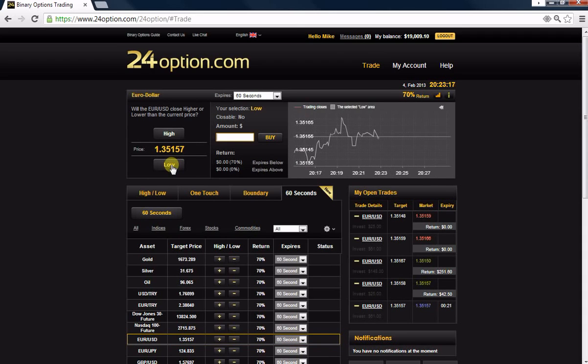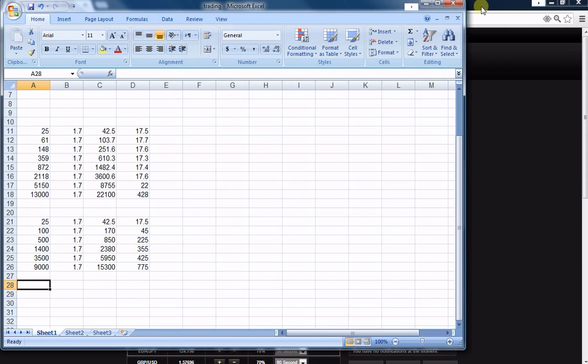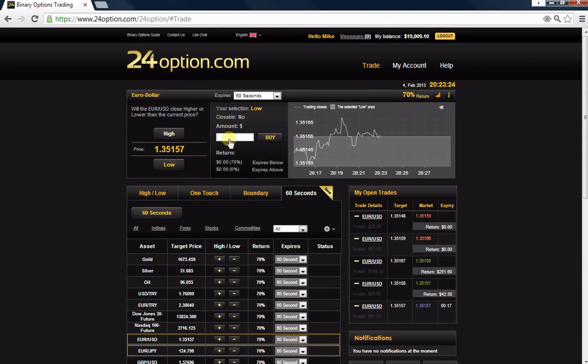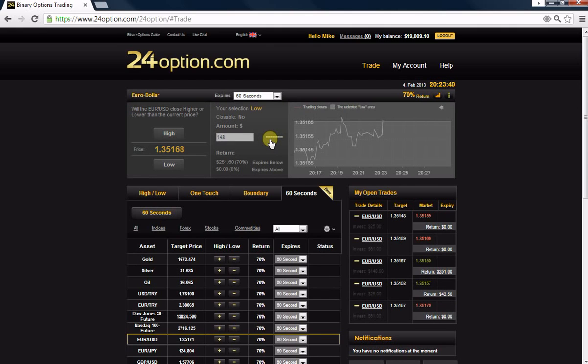So I'm going to prepare the next trade. I'm going to go with a low. The next trade should be $148. Okay, looks like we're going to lose this one, so we're going to go with the 148 trade.